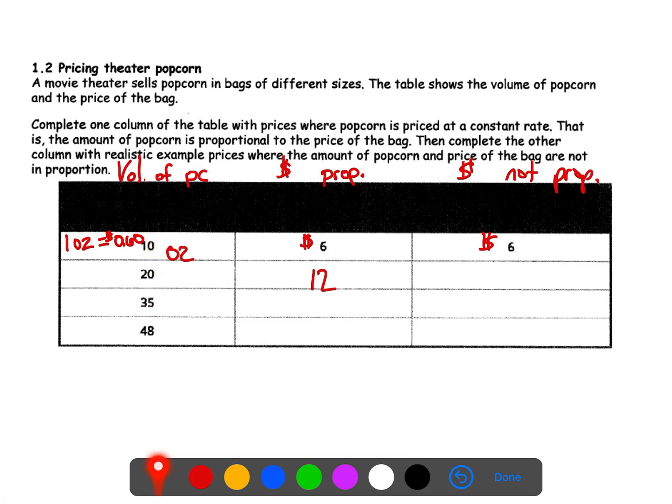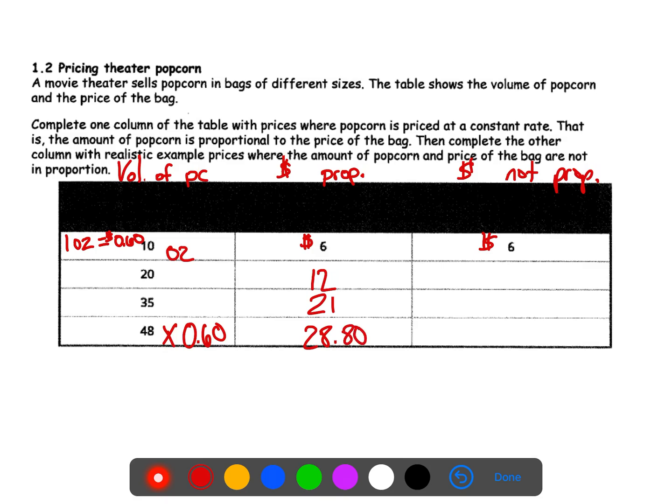Same is going to happen to my price. Or I can take the unit rate, the 60 cents per ounce, and just multiply it by 35. So 35 times 60 cents is $21. Now, lastly, I do the same for 48, excuse me, and I'm going to multiply that by 60 cents again to get a price of $28.80.